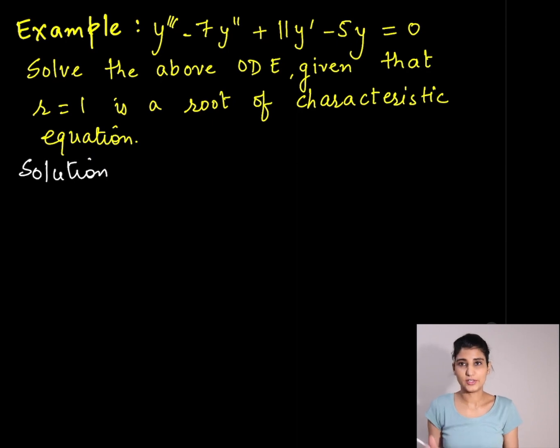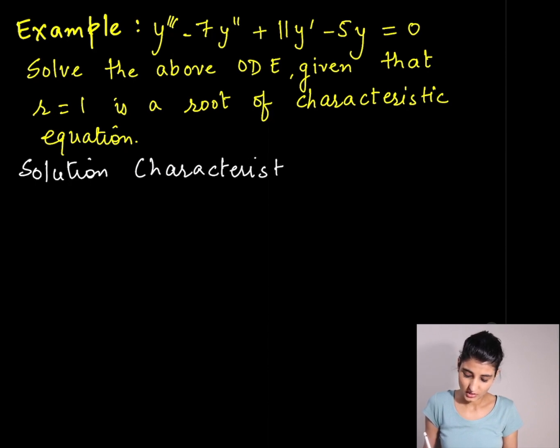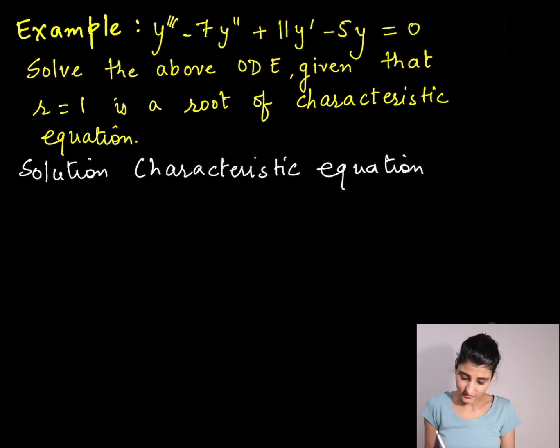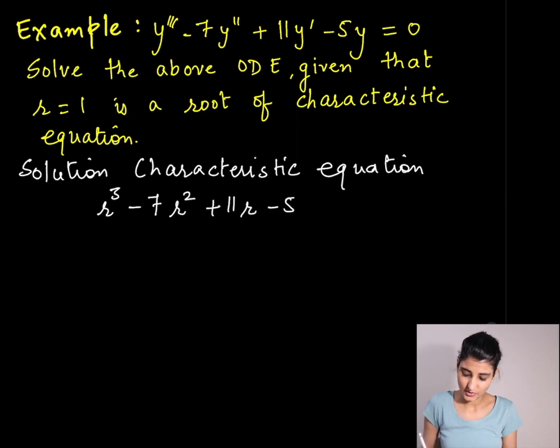So first we are going to write down the characteristic equation. The characteristic equation in this case is, we replace the third derivative with r power 3, second derivative with r square, so r cube minus 7r square plus 11r minus 5 equal to 0. Now we want to find out the roots of this equation, right?